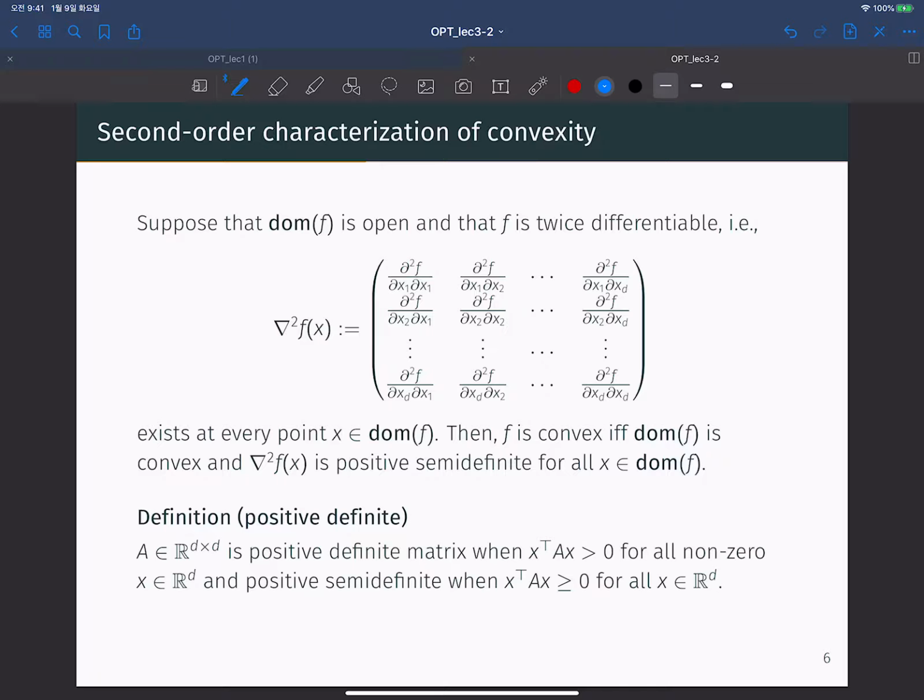And with a convex function, if the eigenvalues of the Hessian matrix are always upper bounded by beta, then we can say function f is beta smooth. And if the eigenvalues of the Hessian matrix are always lower bounded by alpha, then we say the function f is alpha strongly convex.